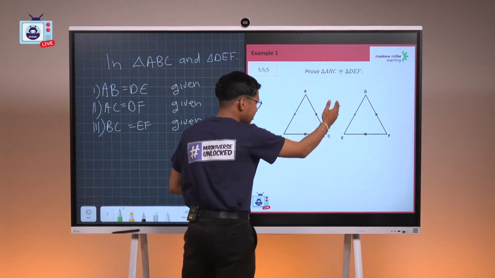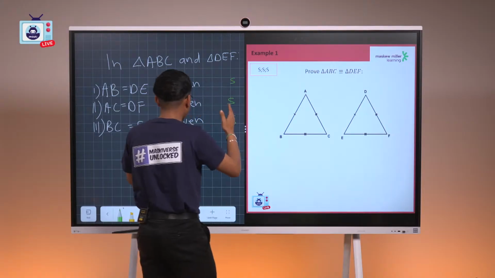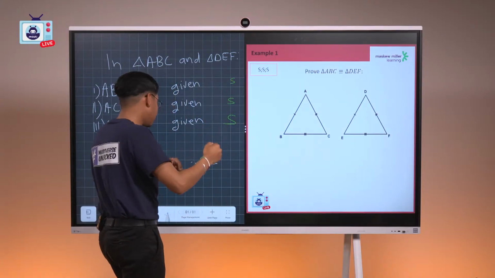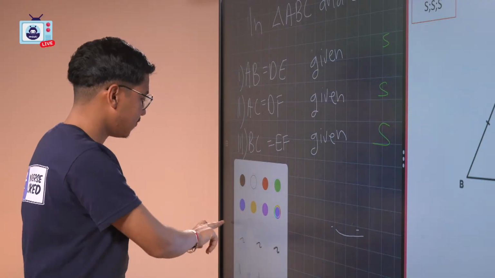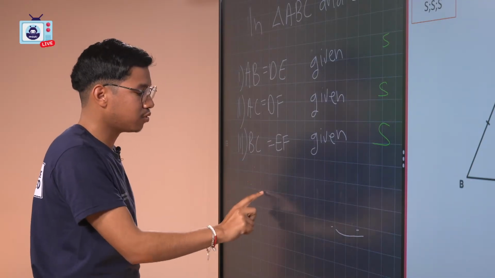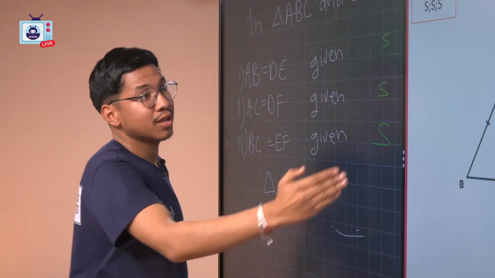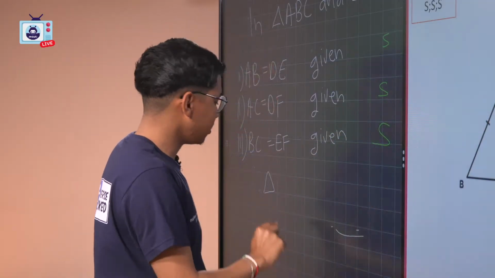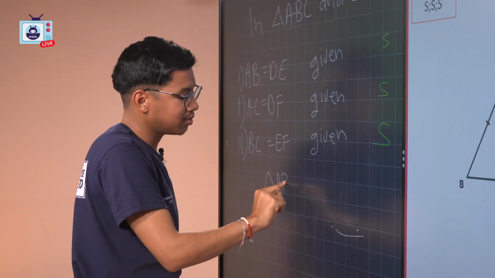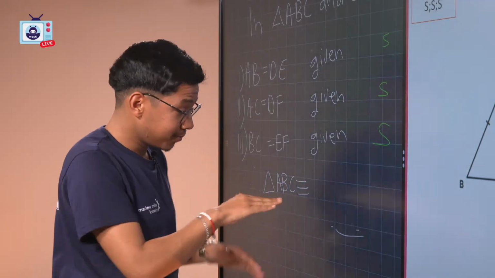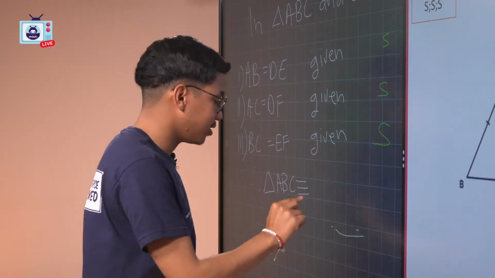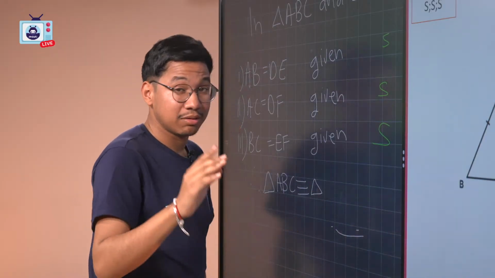I've proven 3 sides equal, and I must conclude now. In conclusion, I can say, therefore, triangle ABC is congruent. Remember the 3 horizontal lines to triangle what? Remember the order matters.